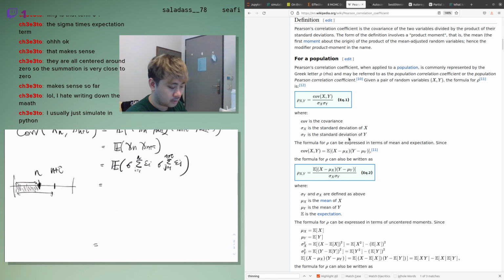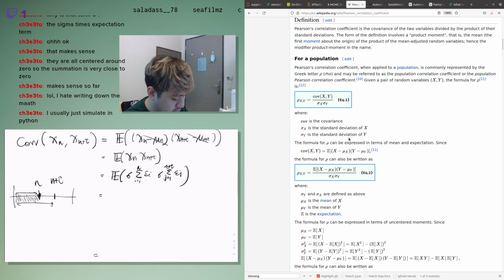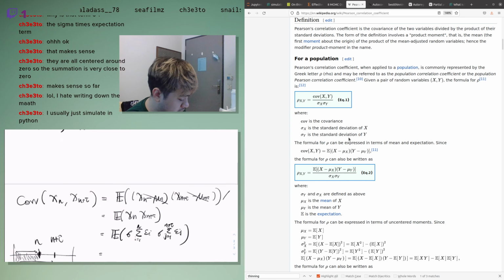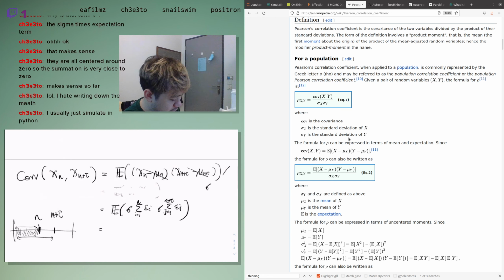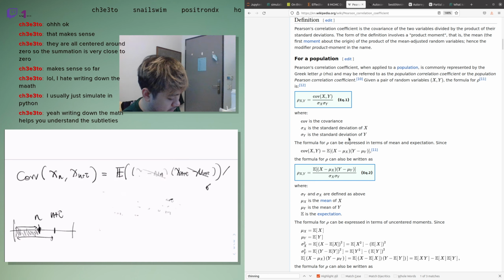So this is correct, but then I gotta divide by the sigma. Well, okay, let me just rewrite everything then cleanly.